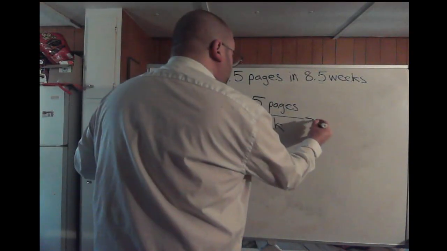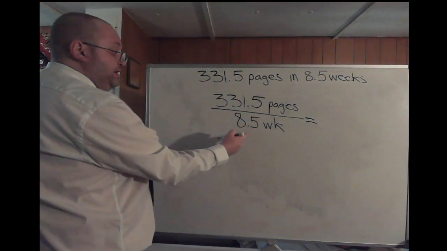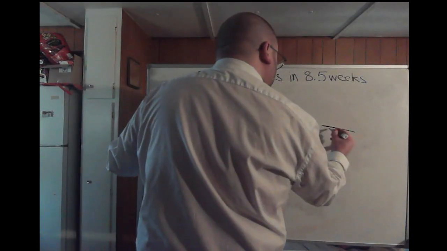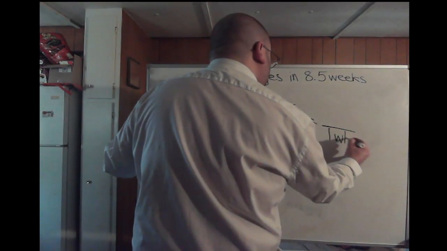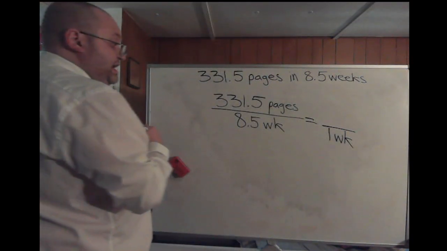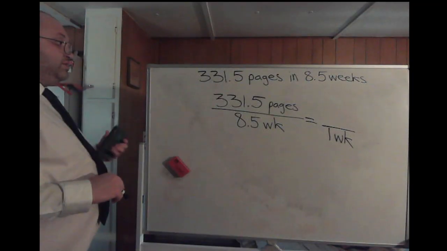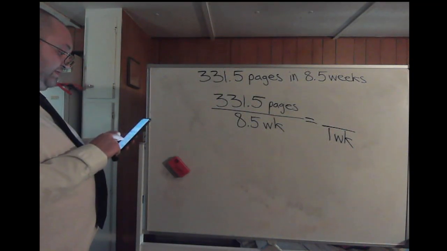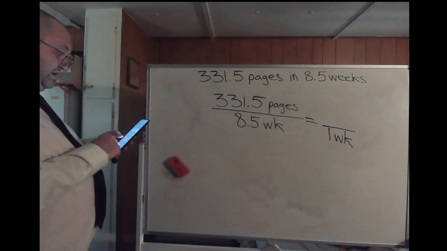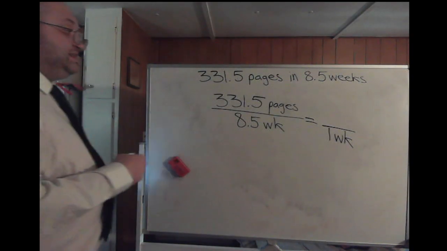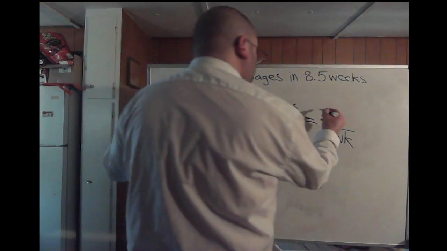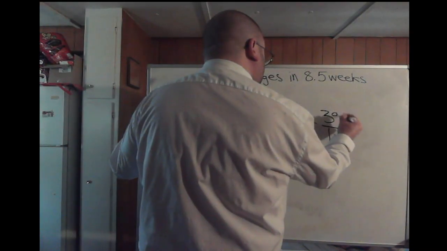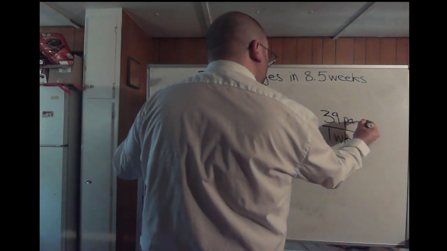In order to figure that out, you're going to have to divide the denominator by 8.5. You'll get 1 week. But since you did it to the denominator, you got to do that to the numerator. So let's do 331.5 divided by 8.5. Get exactly 39. That's exactly 39 pages in 1 week.